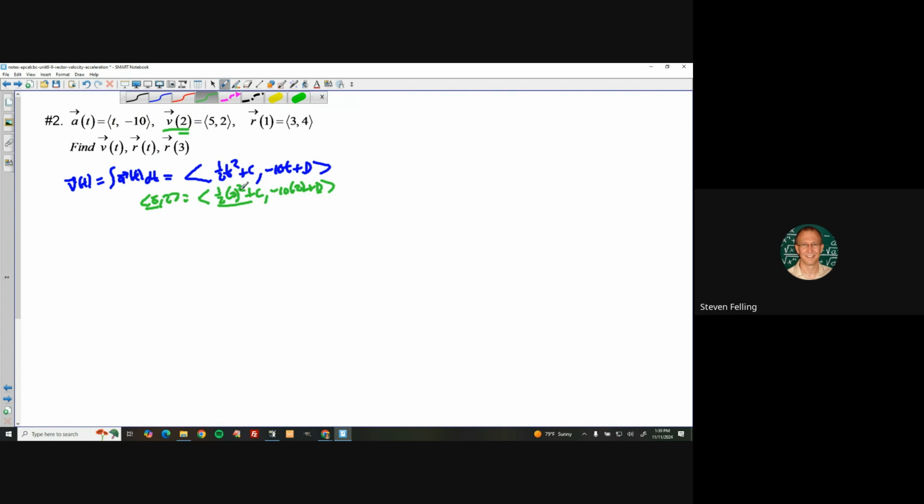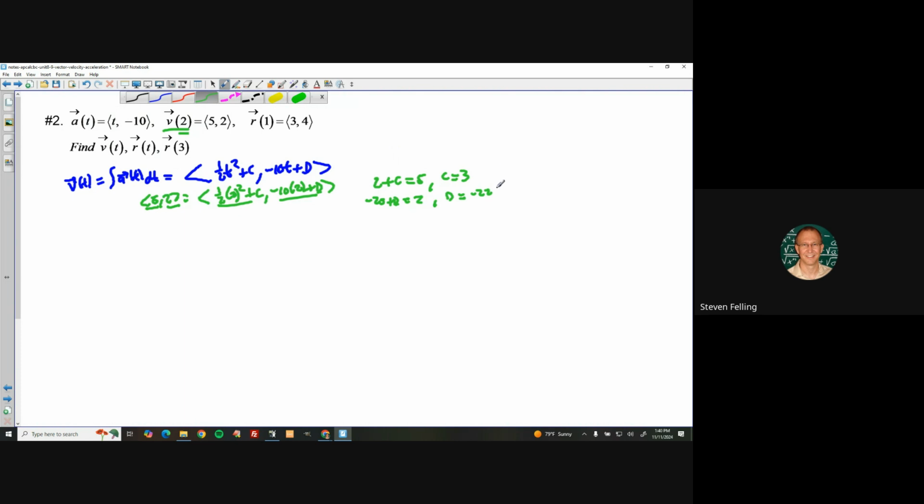So let's see, this is 2 squared is 4 divided by 2 is 2 plus c. So 2 plus c has to equal the x component 5. And therefore c has to be 3. And then this has to match that. So negative 2 times 10 is negative 20 plus d must match 2. So that means d has to be negative 22, right?